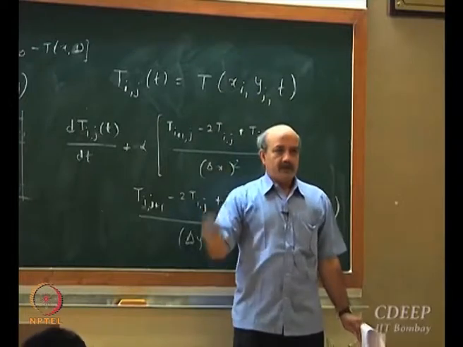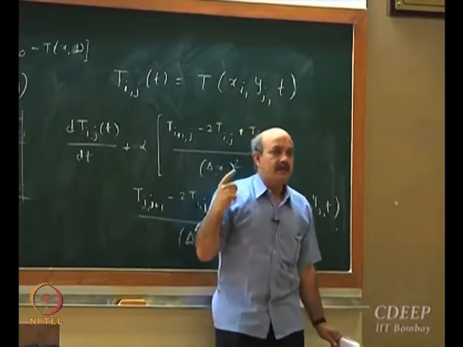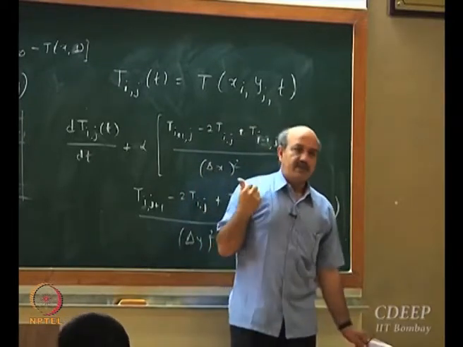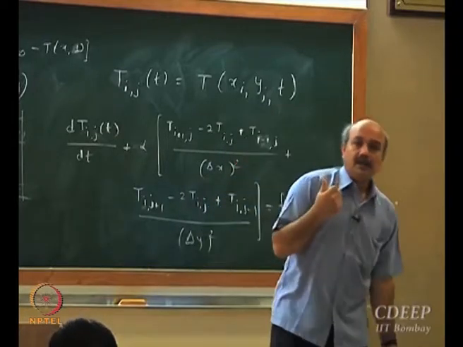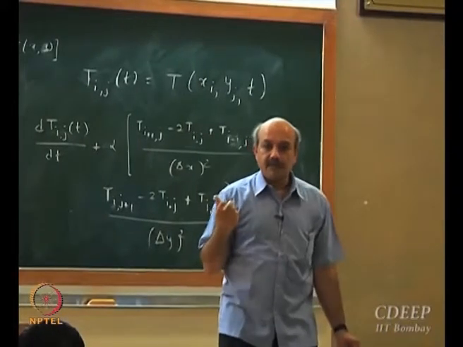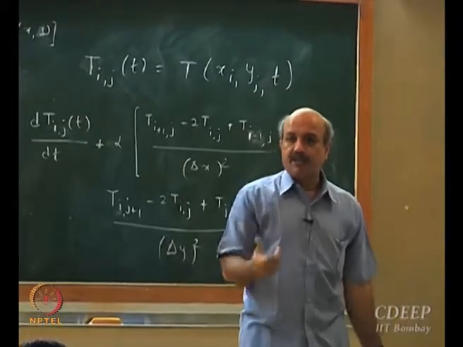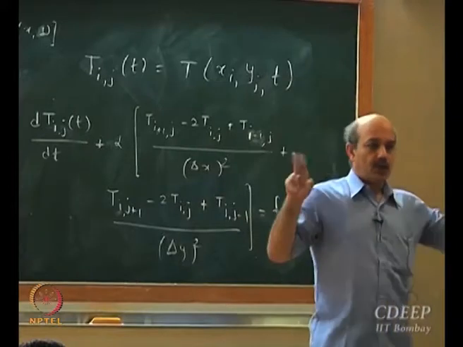I just want to give you a viewpoint that if I take a partial differential equation or ordinary differential equation, I know from Weierstrass theorem that any continuous function can be approximated using polynomials. So I use Taylor series approximation, construct local approximations of the differential operator, and force the so-called residuals to 0.